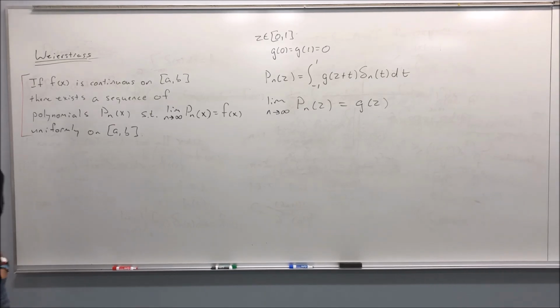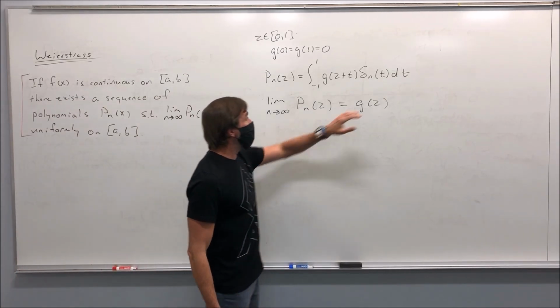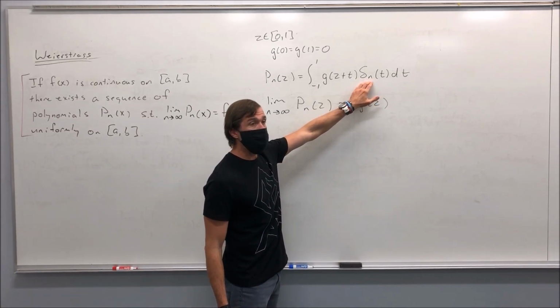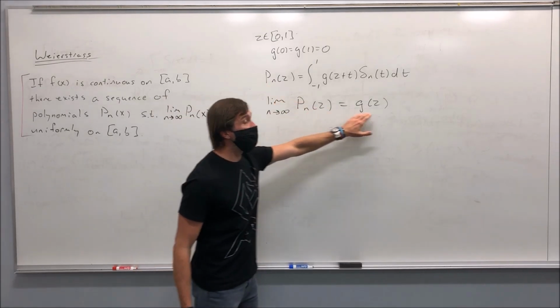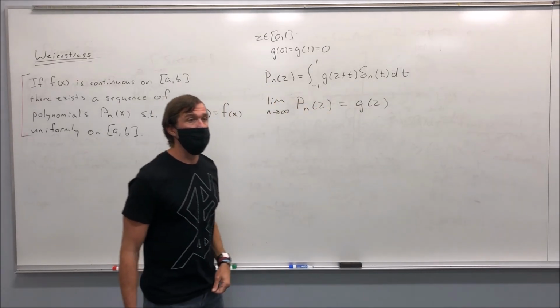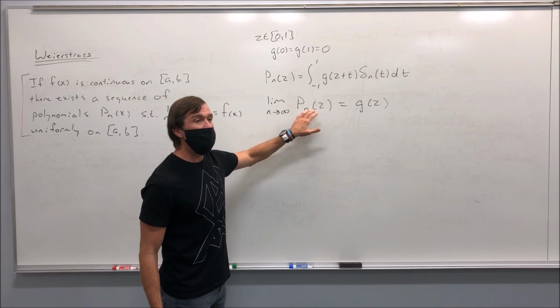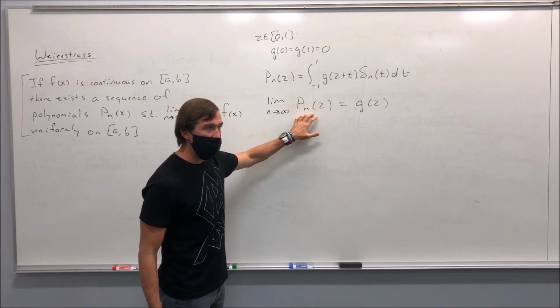So we're using the series that converges to the delta function to define a series which is converging to any function. But this is a sequence of polynomials.